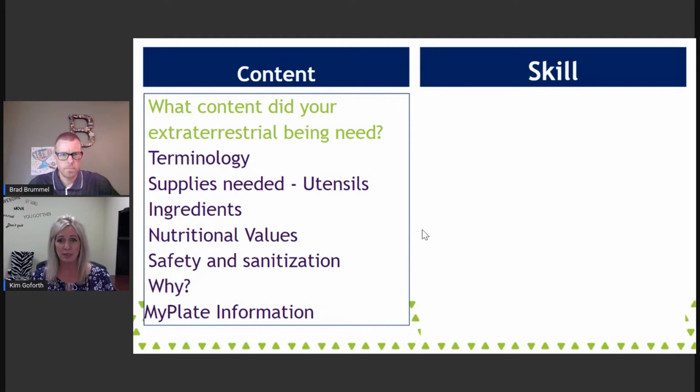So I'd talk a little bit about safety, how to use a serrated knife versus a butter knife. And I'd say, Mr. Alien, clean up after yourself. Nobody wants to put their hand in peanut butter or jelly. And the cross-contamination of foods. Do you want your peanut butter touching the jelly, and using different utensils? So that's the content that I think I would have to tell my alien friend, Brad.